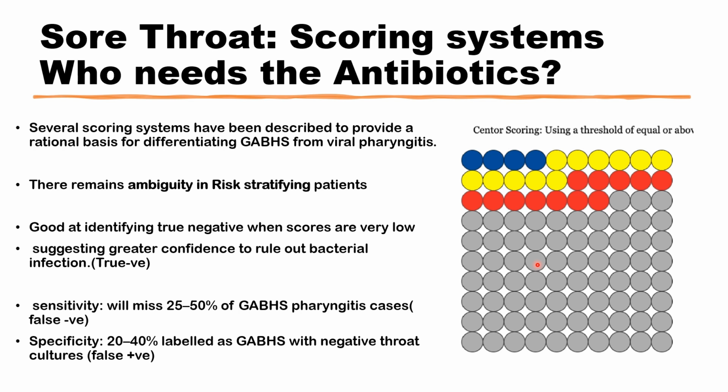And the specificity test would say that 20 to 40% of the cases would be labeled as having a group A beta hemolytic strep with a negative throat swab or culture, that is to say a false positive. Those patients would have antibiotics unnecessarily, in contrast to the red circles who would not have antibiotics when they actually need it.